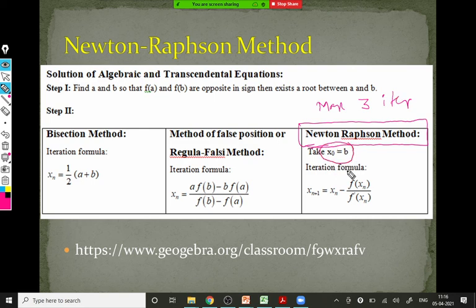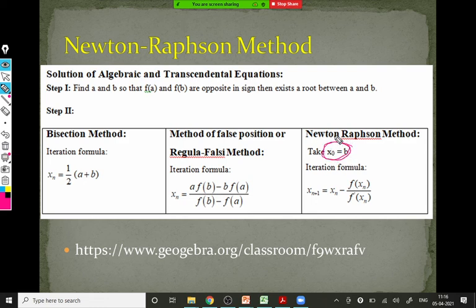If the exact root is x equal to 100 and you take x0 as 0, then you may require 10 iterations. So the initial approximation also matters.